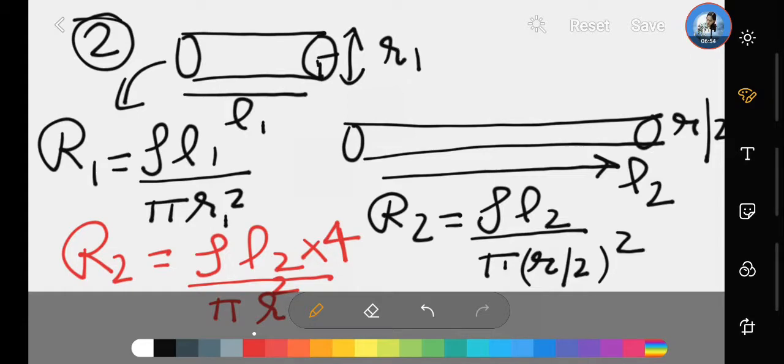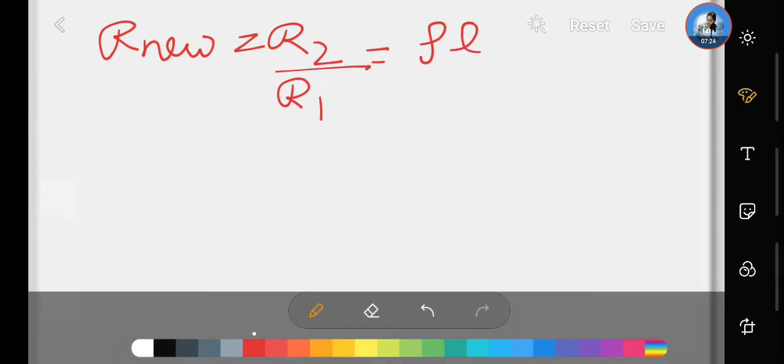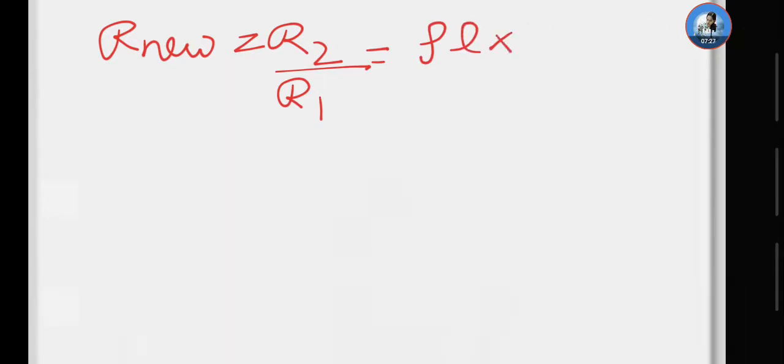Now we have to maintain a relation between R2 and R1, so we take the ratio of R2 and R1.